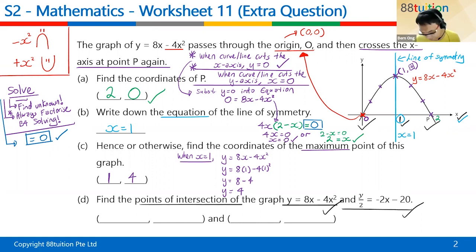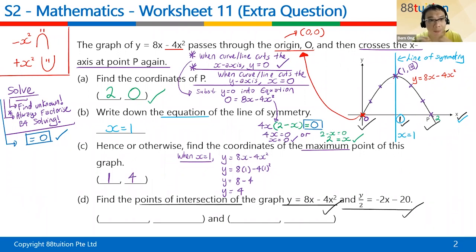Yan Ling, are you there? If you got 2 equations, they ask for point of intersection. What should I do? I think you learned this in your first topic in Sec 2. What is the first topic? Do you remember? Yan Ling, are you there? Oh no, I don't think she's there.